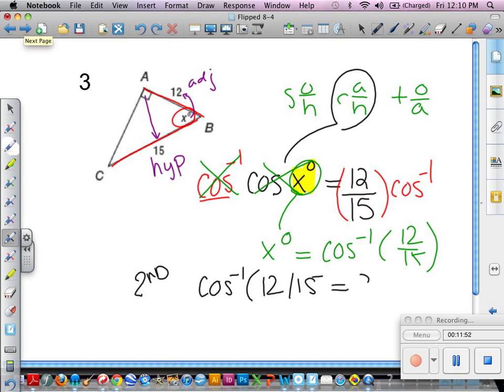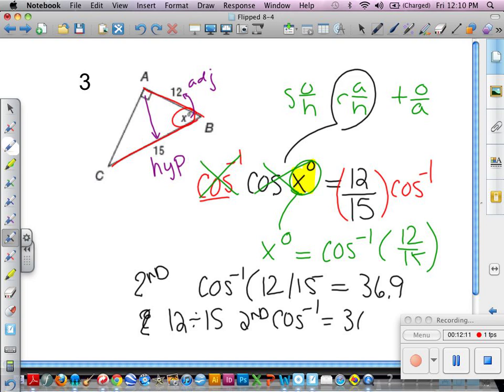I'm getting 36.9 for my angle. Some calculators, you got to go 12 divided by 15, or if you want to write 12 over 15 as a fraction, then you have to hit second, and then cosine negative 1, which is 36.9. So you should be testing these out, guys, seeing if you can come up with 36.9.